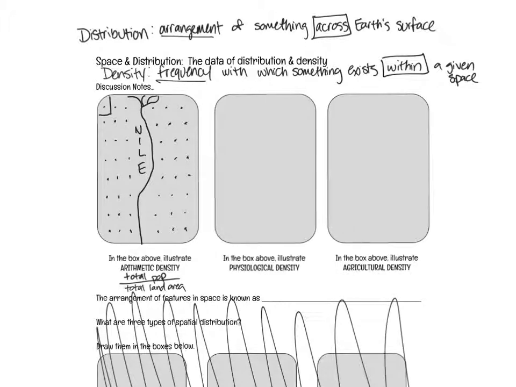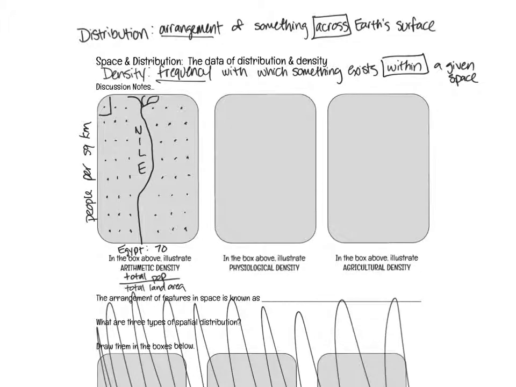Okay, so one dot here would be people per square kilometer. And in this case, in Egypt's example, it would be 70 people per square kilometer.